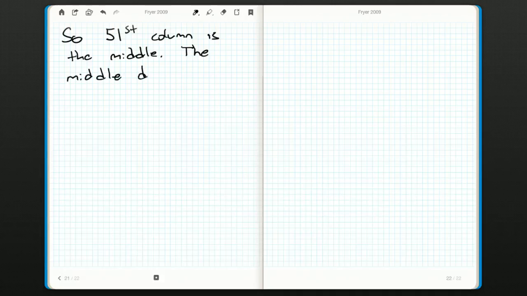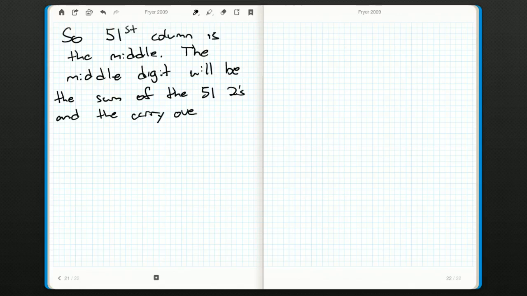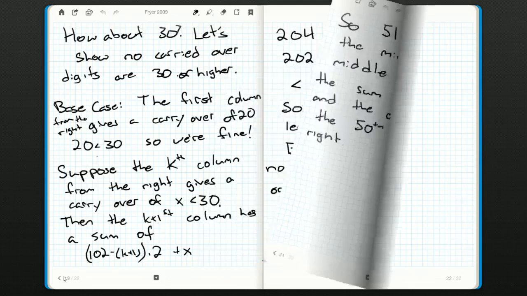So we now know where the middle digit is. And just like when we figured out A, B, and C, we can know the middle digit, right, the 50th column from the right.